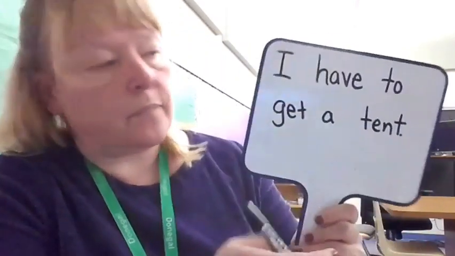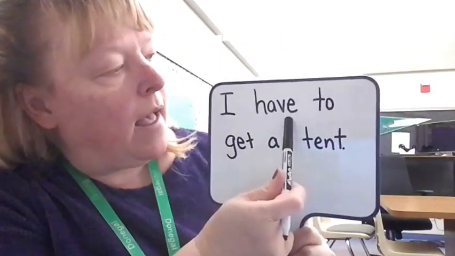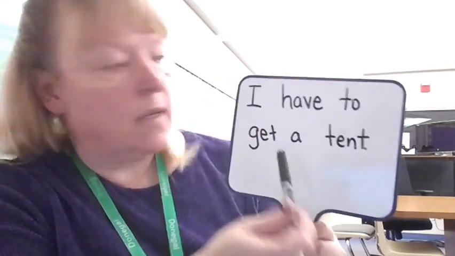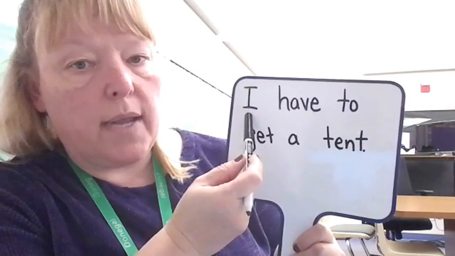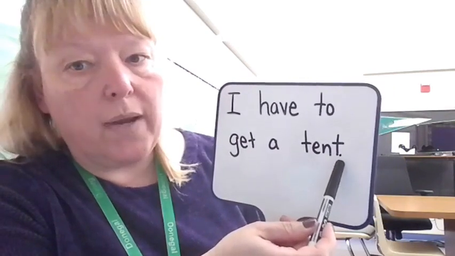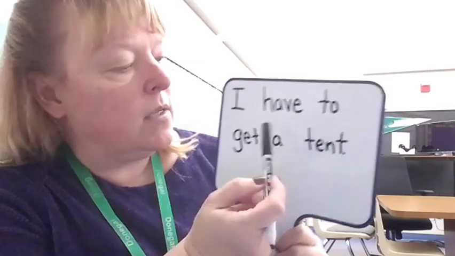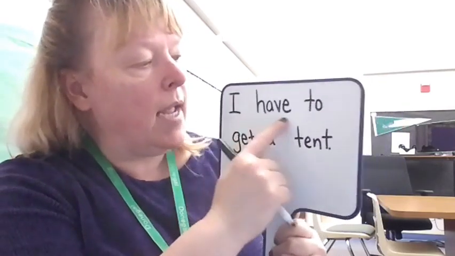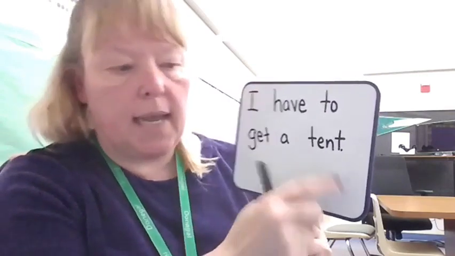Let's check. I have to get a tent. Capital or uppercase. Punctuation. Spaces between my words. Let's read it together. I have to get a tent.